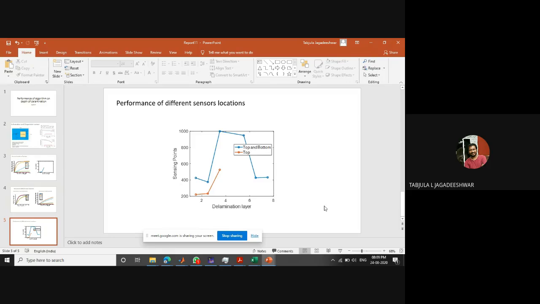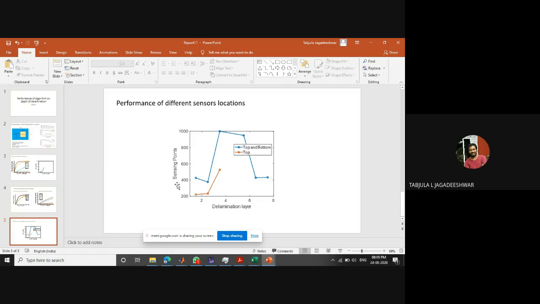By using the top and bottom layer configuration, we are able to improve the defect identification irrespective of the depth of the delamination. But our algorithm is unable to identify the defect which is located in between layer 4 and 5. That's the only drawback now. I mean, everything is good apart from identifying the defect located in 4 and 5.